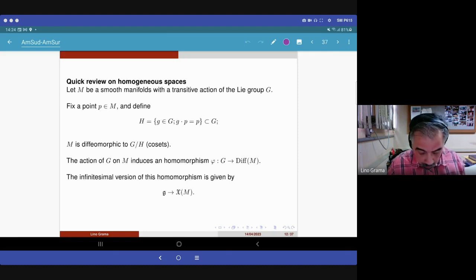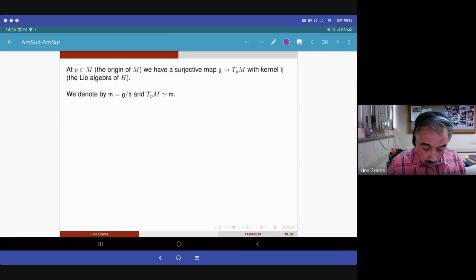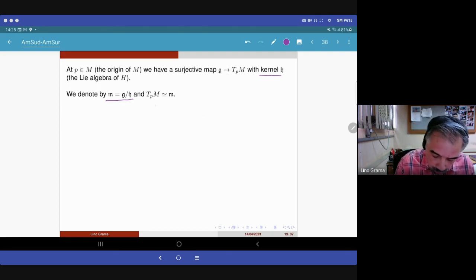And at the infinitesimal level, we have this homomorphism of the algebra. And at the point P, we call this the origin of the homogeneous space, we have this surjective map with kernel H, the Lie algebra of the isotropy subgroup. And we denote M by this quotient space, and identify the tangent space at the origin with this subspace.